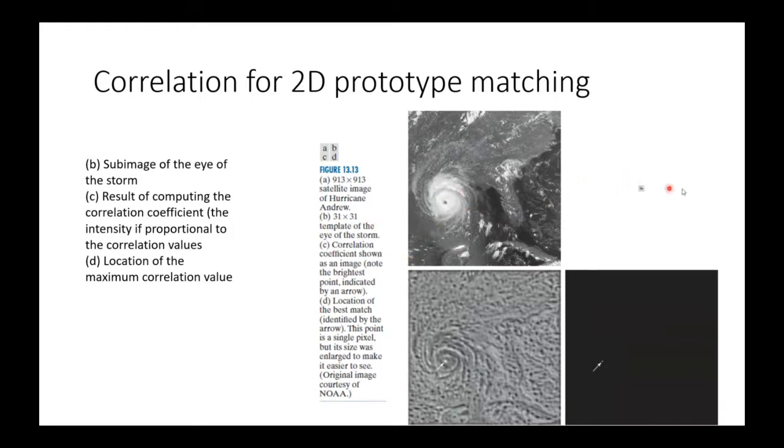So we basically get a correlation kernel, which is the eye of the storm. You know that the storm moves around, but the eye is more or less the same. The eye has more or less the same kind of features, the same kind of intensity values. So the method does correlation over the entire image using this kernel, and that's the result of correlation. We see that the brightest point indicates the highest correlation value. The brightest point is the location of the eye of the hurricane.